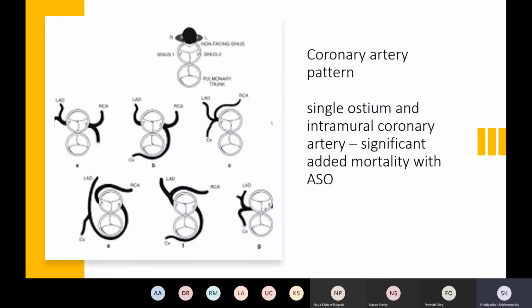So again, we're looking at the coronary artery pattern as well, because that does have an effect on the prognosis following the surgery. Different patterns have been discussed, just as a diagram to show. I think the ones with a single ostium, like single coronary artery, and the ones inside the cardiac muscle itself, they are associated with a significant mortality during the switch operation.